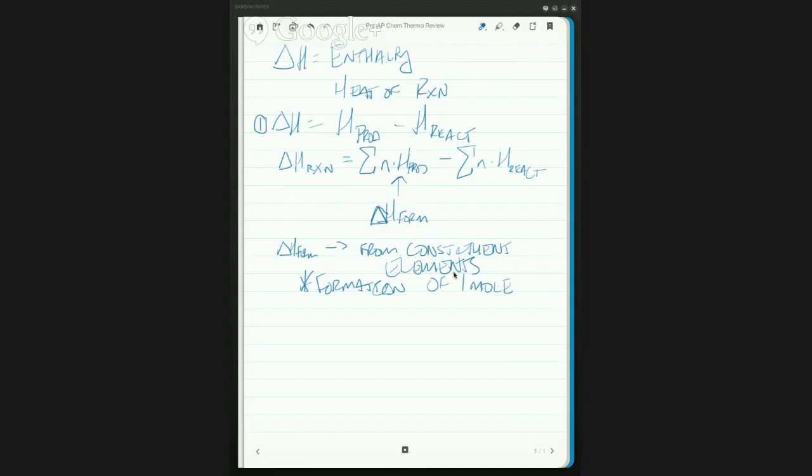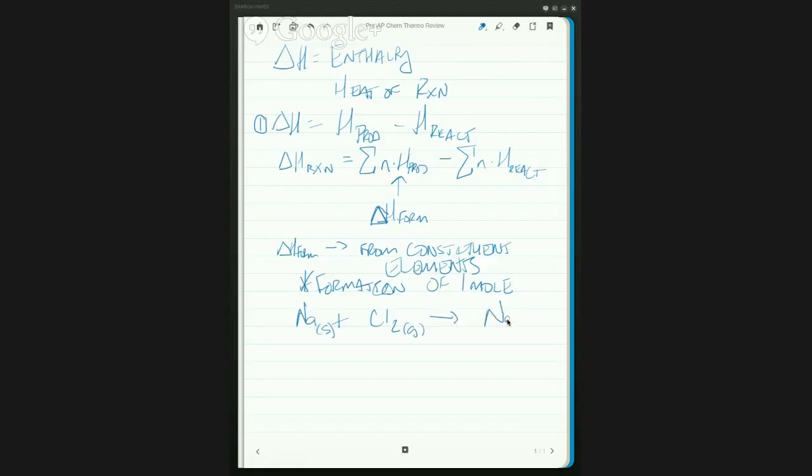So, if we're gonna go really simple, we might say something like Na (solid) plus Cl2, maybe we make it a gas, gives us, and I'm not gonna do the equilibrium stuff, it's probably gonna mess you up anyhow.